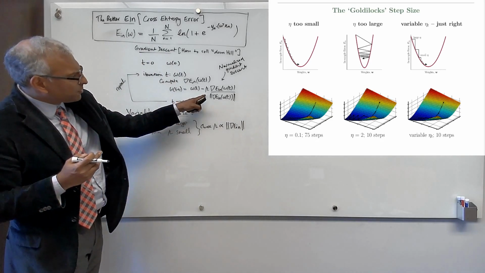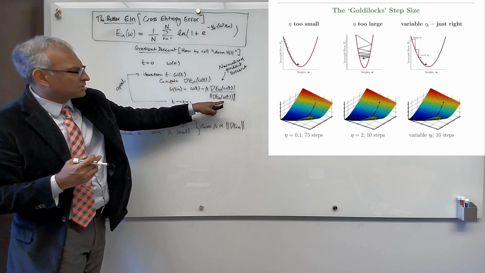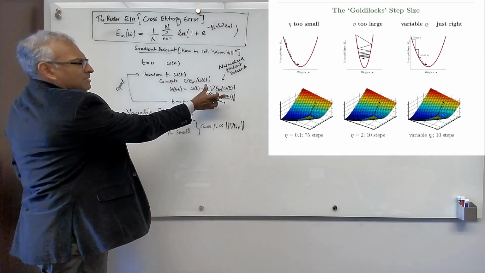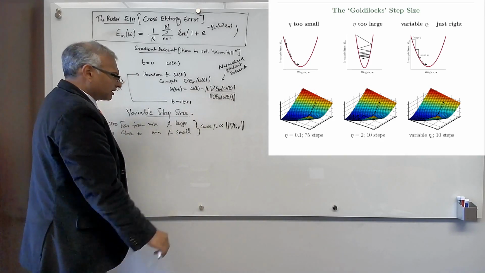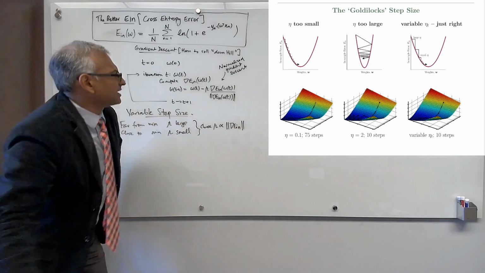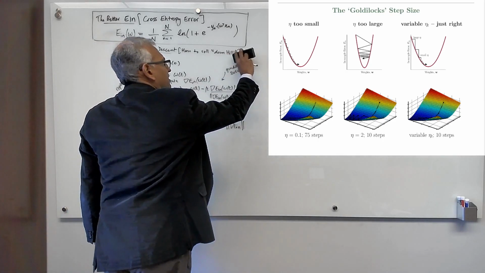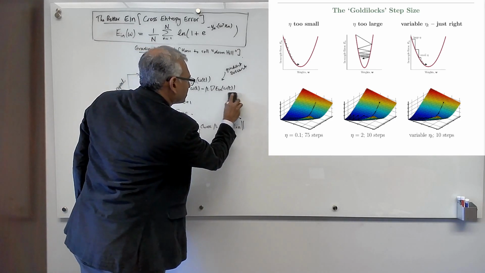But if eta is proportional to the size of the gradient, and the direction has the size of the gradient in the denominator, when I multiply these two, the gradient norm will disappear. And that leads us to regular gradient descent. Regular gradient descent just says remove the norm of the gradient from in here.